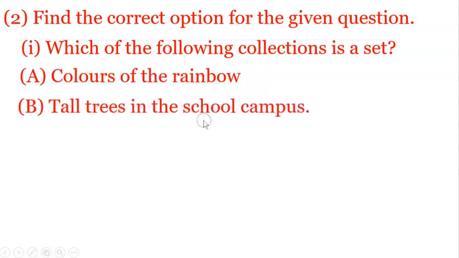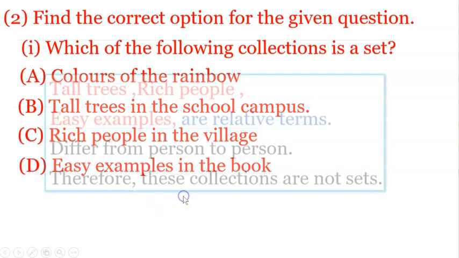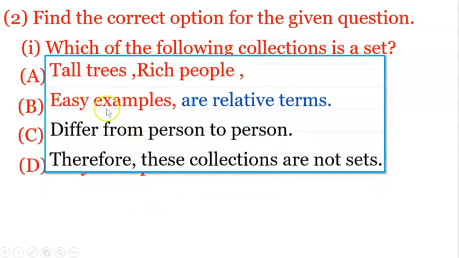Colors of rainbow, tall trees in the school campus, rich people in the village, easy examples in the book. Tall trees, rich people, easy examples are relative terms and they differ from person to person. One person's concept of tall may be more or less than another's. We cannot fix a definition of rich. An example may seem easy to one person, while someone else may find even a difficult example easy.